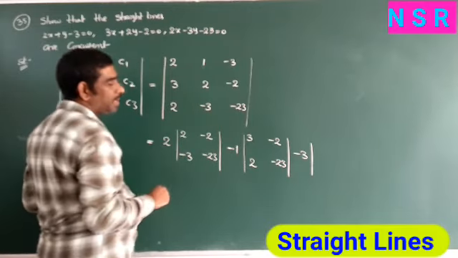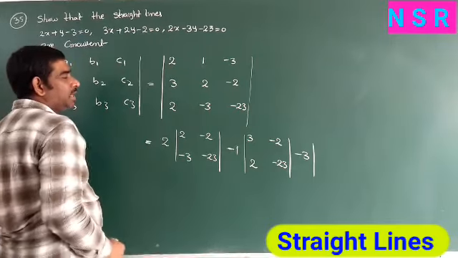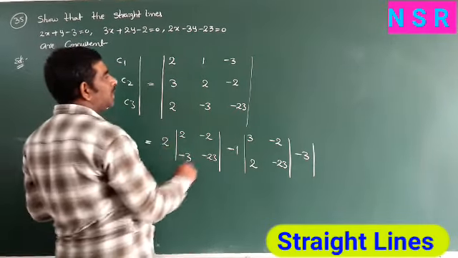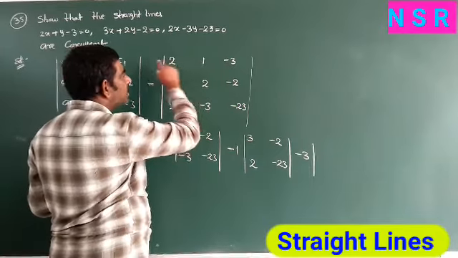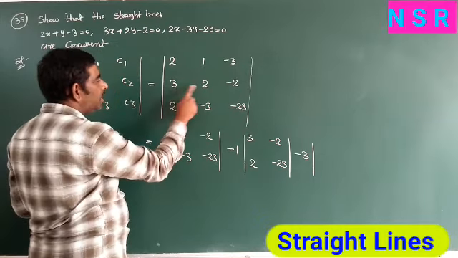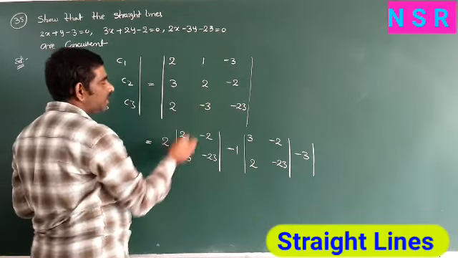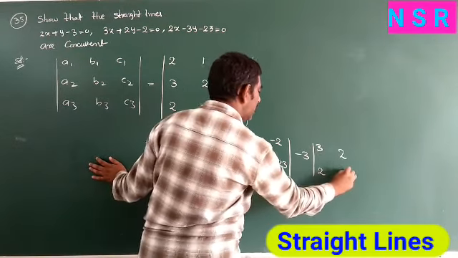Don't change the sign of minus 3, write as it is. If it has plus, write plus; if it has minus, write minus. So minus 3 into, again remove the third column, which is present in the first row. Removing the first row and third column, we again get 4 elements: 3, 2, 2, minus 3.